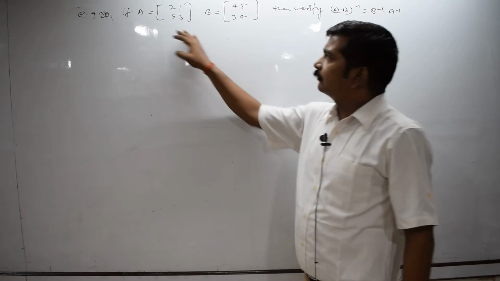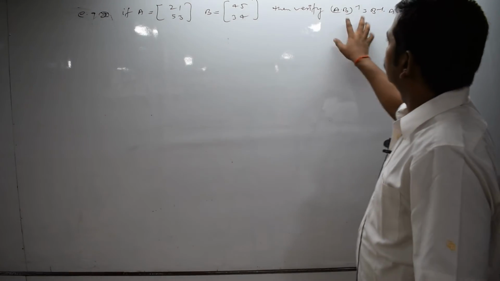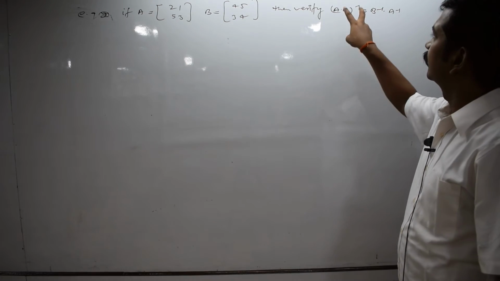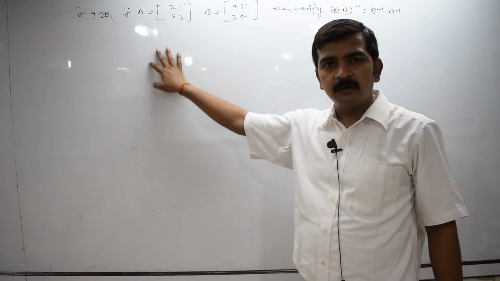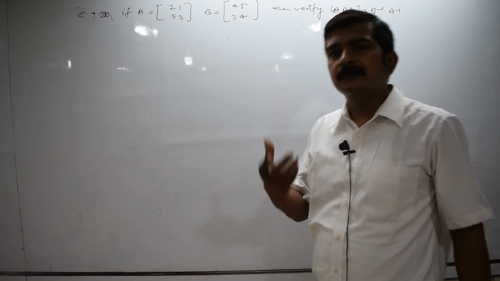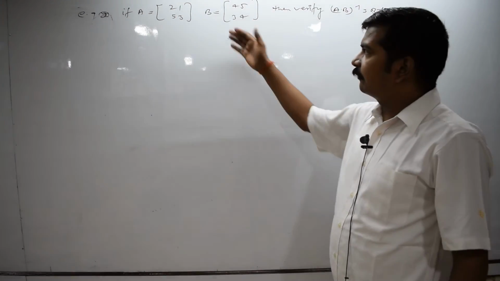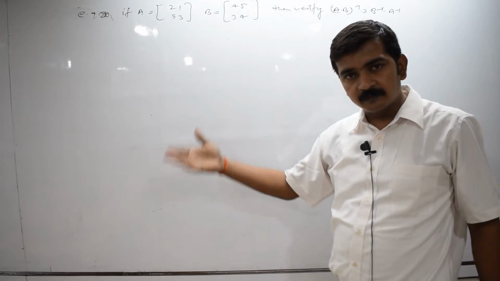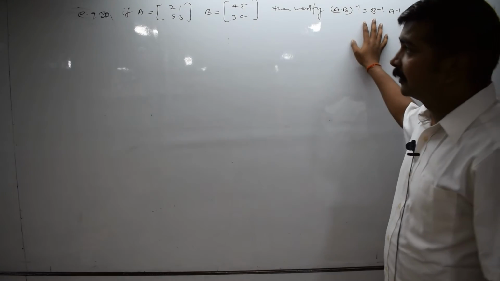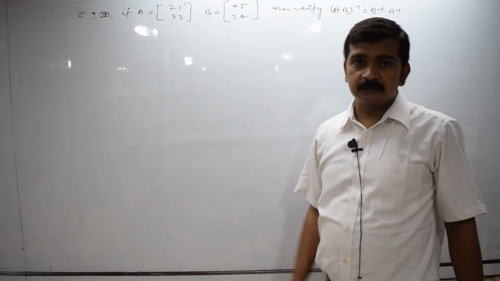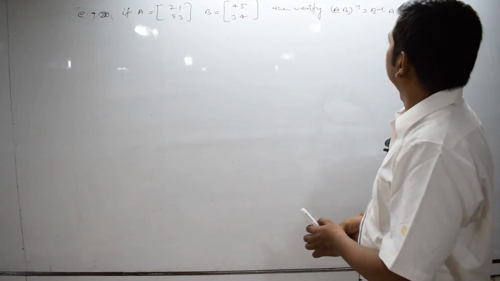Now, here we want the inverse of A and B. First we want to prove the inverse of A dot B. So, first we multiply A and B and find a matrix, and find the inverse as in the previous process. For the RHS, we also find A inverse and B inverse individually by the previous method.